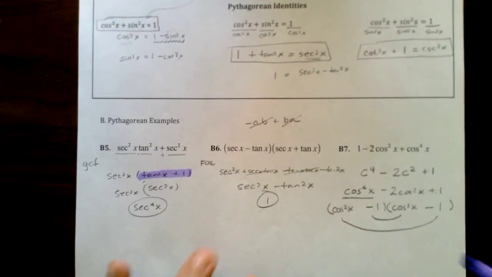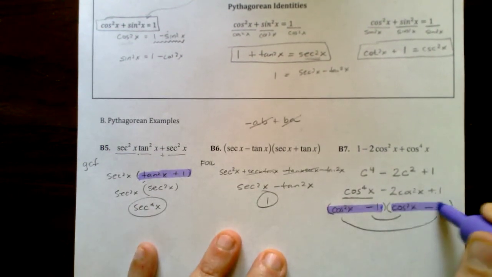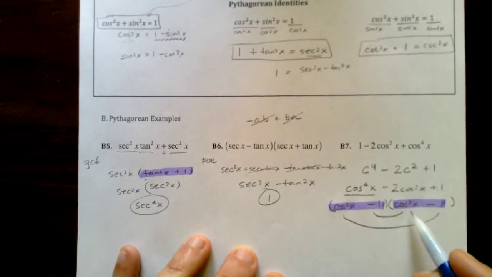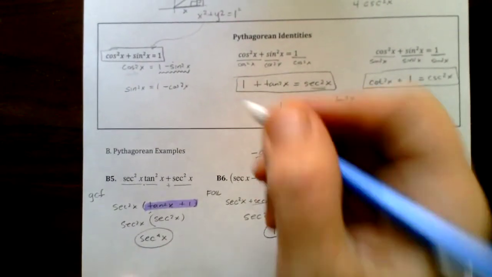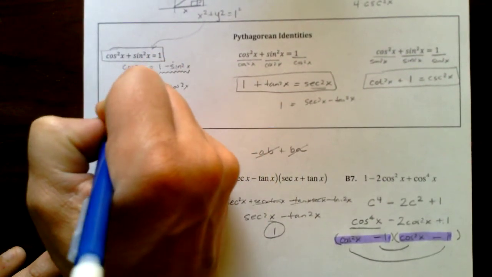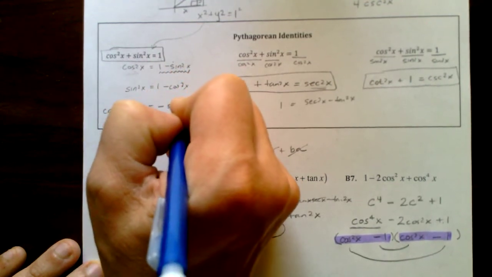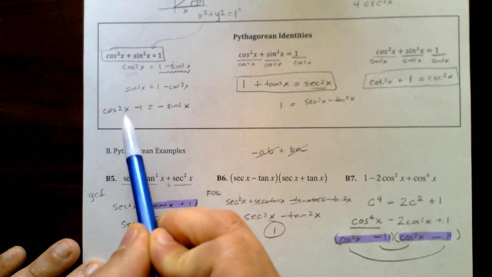Now, what we need to see here is that cosine squared minus 1 and cosine squared minus 1 are each, as separate quantities, examples of a Pythagorean identity. So if I go back up to the top, I could rearrange this to say cosine squared x minus 1 is equal to negative sine squared x. Be careful when you're moving things left and right. You've got to watch your signs.